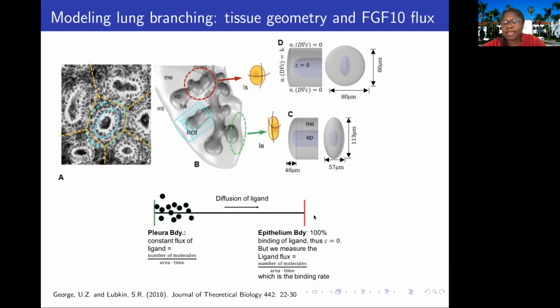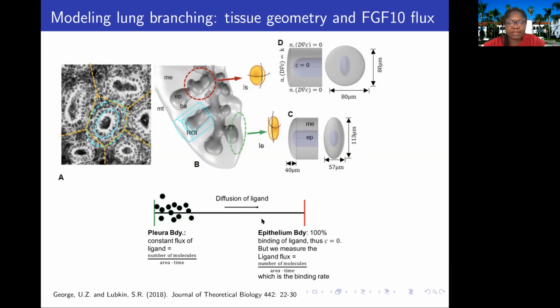Might not be the case experimentally, but this is a good assumption that allows us to study the binding rate. Now, we can measure the ligand flux. So at this point, we calculate the flux, the number of molecules arriving at different regions of the lung per area per time, which describes the binding rate.